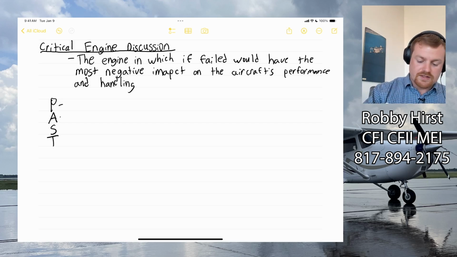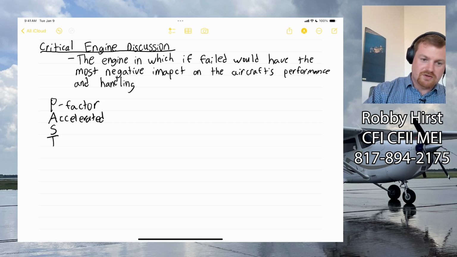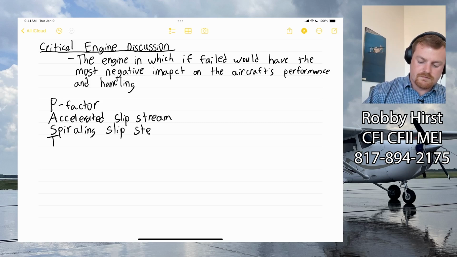So we've got P factor, accelerated slipstream, spiraling slipstream, and torque. Excuse me while I look at my computer, to make sure I spell it right.